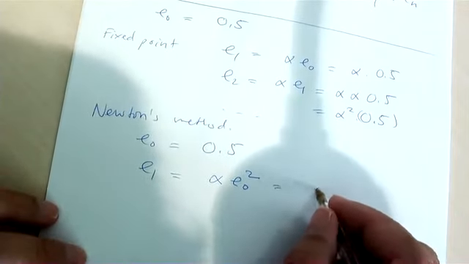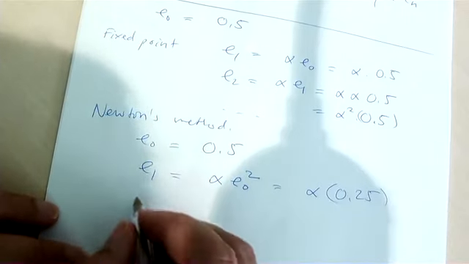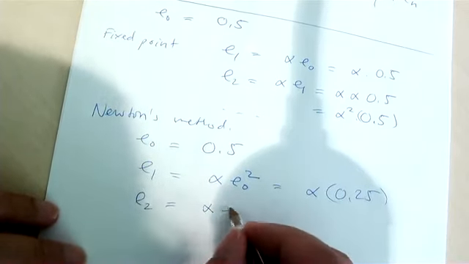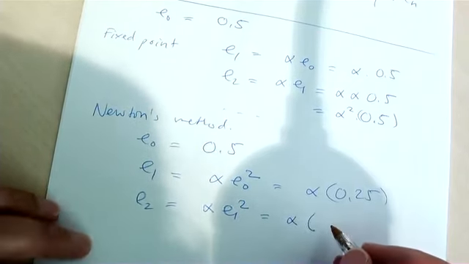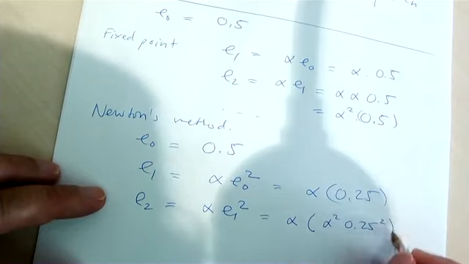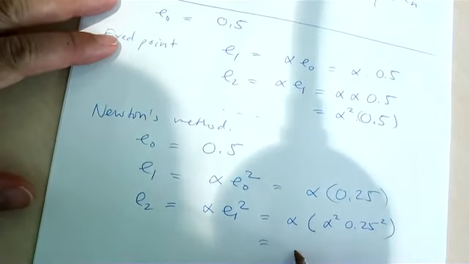So this will be alpha times 0.25. And then e_2 will be alpha e_1 squared, so alpha cubed times 0.25 squared.